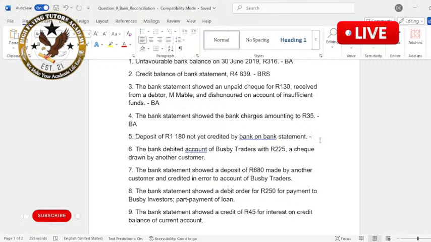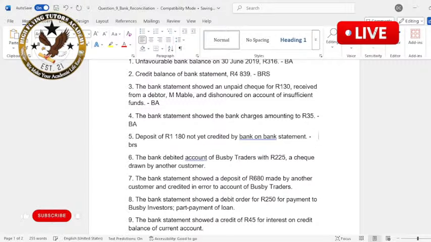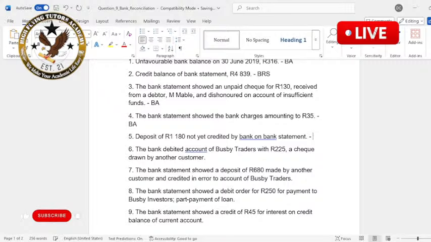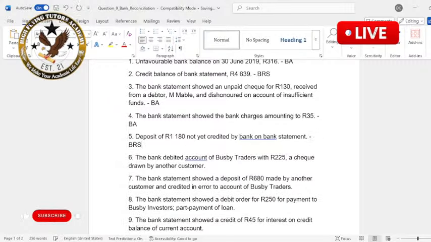We're going to correct this matter in the BRS. I don't know if I make sense right there. BRS, right? We are going to record that in the BRS because they say it's not yet credited by the bank, so it doesn't reflect in the bank statement.